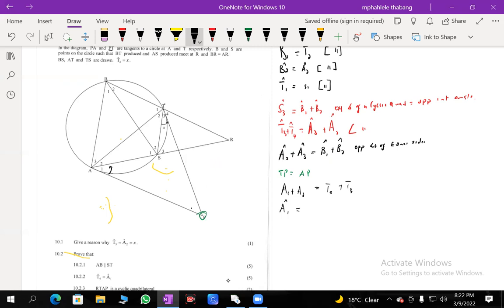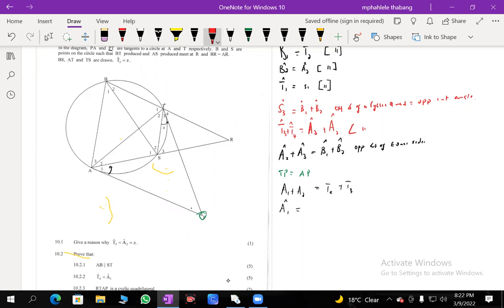The tan chord theorem is not a difficult theorem, Lebogang. Angle A1 equals B1, true. The tan chord theorem is not a difficult theorem. Why am I saying that? Let's first identify our tangent.